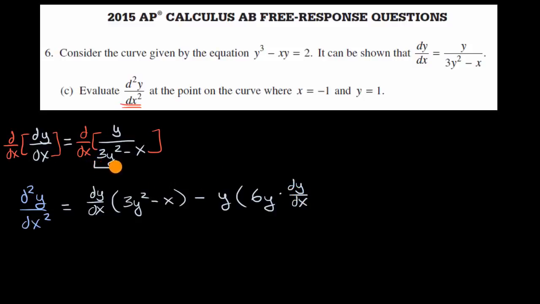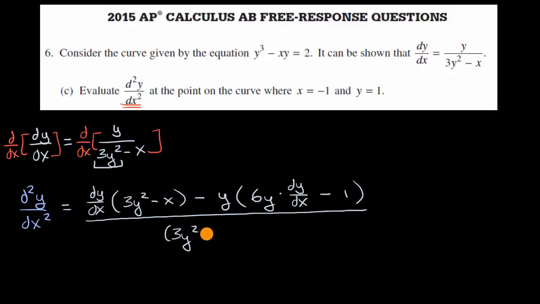All I did just now is I took the derivative of that with respect to x, which is the derivative of that with respect to y, times the derivative of y with respect to x. Comes straight out of the chain rule, minus the derivative of this with respect to x, which is just going to be equal to 1. All of that over, remember, we're in the middle of the quotient rule right over here, all of that over the denominator squared. All of that over 3y squared minus x, squared.